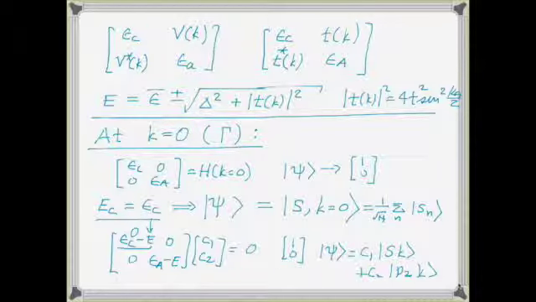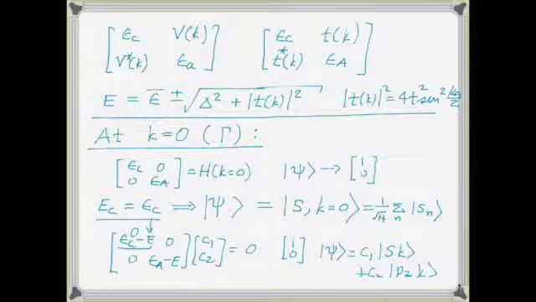And you can immediately see, looking at the Hamiltonian down in the lower left, as soon as K is non-zero, my T's show up again, those off-diagonal terms show up, and I'm going to mix. The eigenstates will now become a mix of both the s and p orbitals as soon as K moves away from 0. 1, 0 and 0, 1 will no longer be eigenstates as soon as I have off-diagonal terms.